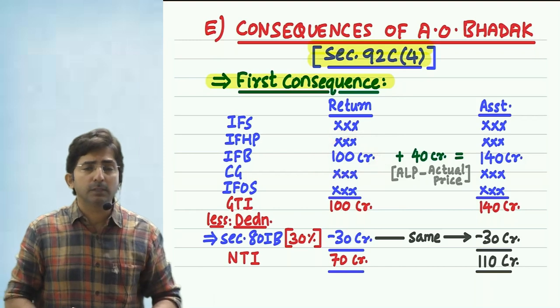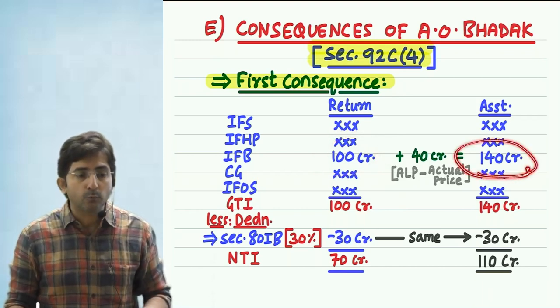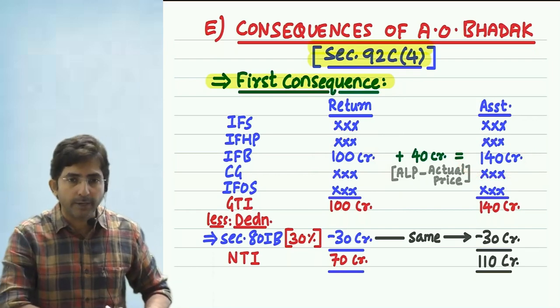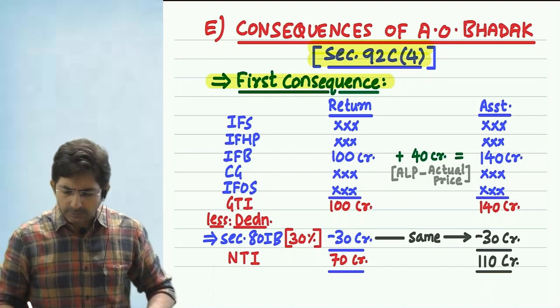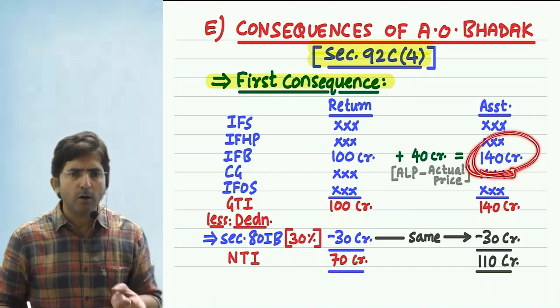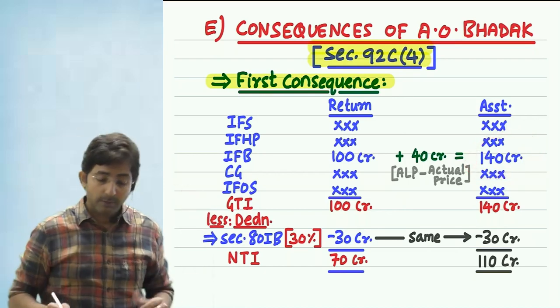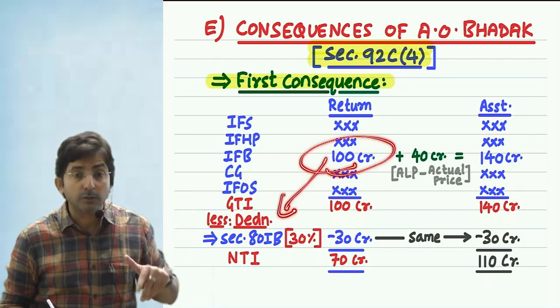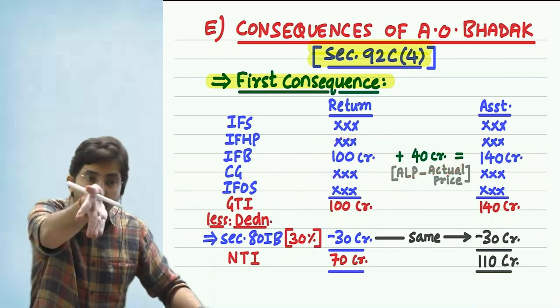Then the assessee will say, no sir, but you made it 140. You made it means, why did you bring this situation that I have to make? You should have computed ALP on your own. Since you haven't computed, I will do it. But now don't expect deduction on that. Because according to you, your income was 100. So take deduction on what was according to you. So this we have added because you failed to compute ALP.